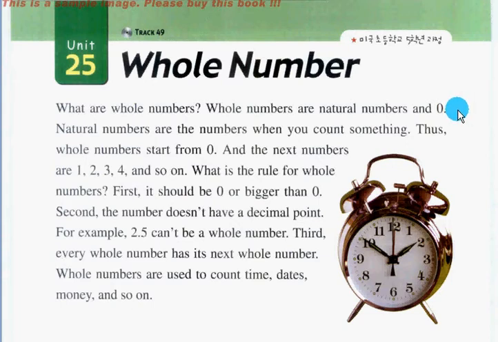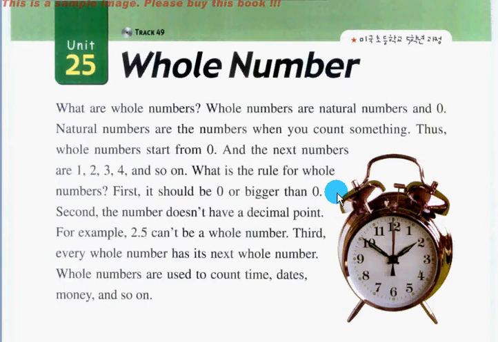What are whole numbers? Whole numbers are natural numbers and zero. Natural numbers are the numbers when you count something. Thus, whole numbers start from 0, and the next numbers are 1, 2, 3, 4, and so on. What is the rule for whole numbers?